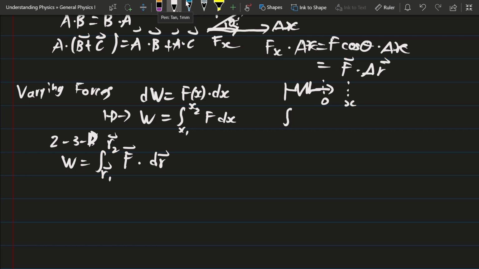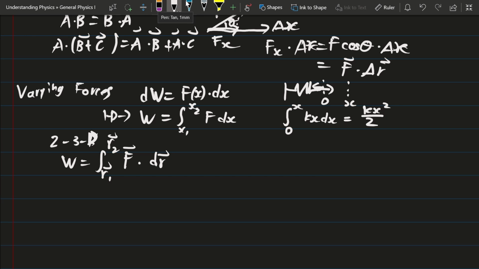So if we start from 0 towards x, and we are pulling this with a force the same as the force going backwards, basically the restoring force, we could write this as kx dx. And if you evaluate this integral, you would obtain kx squared over 2, which is the work needed to move the spring from its equilibrium point towards a certain point x.